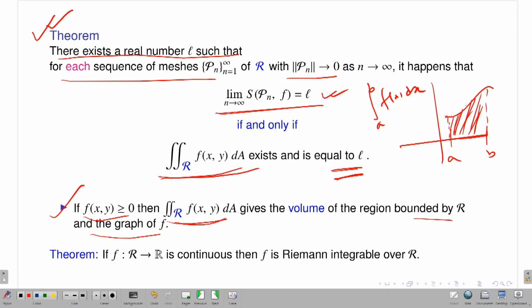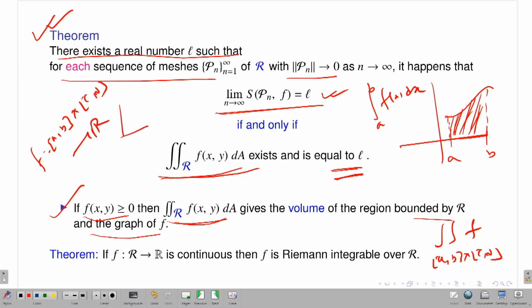Now, in the context of functions from R2 to R, suppose I have a function from [a,b] cross [c,d] to R. In that case, what is the meaning of the double integral over [a,b] cross [c,d] of f, where f is positive and very nice? In that case you will have a 3-dimensional picture. What is the graph of f?